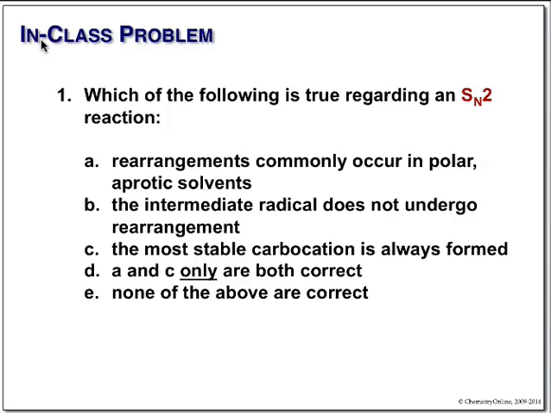Nope, we don't have radicals in an SN2 reaction, do we? Most stable carbocation. Nope, no carbocations in an SN2. A and C only, that's not looking good. And the answer, of course, is the dreaded none of the above. Any questions?